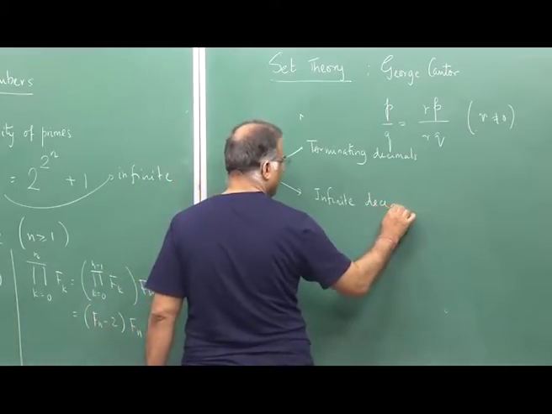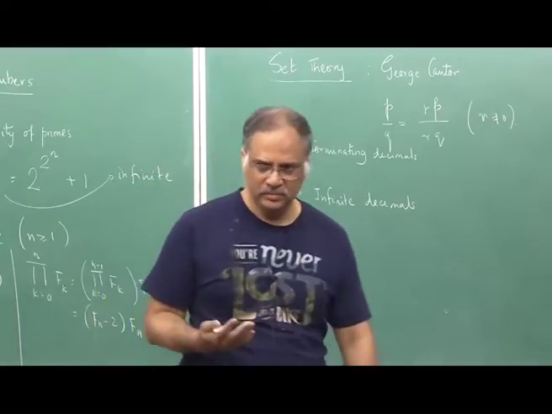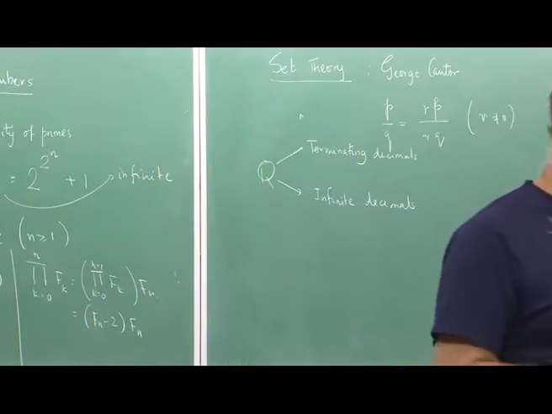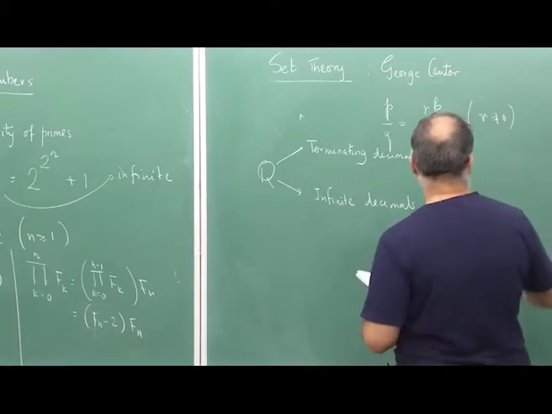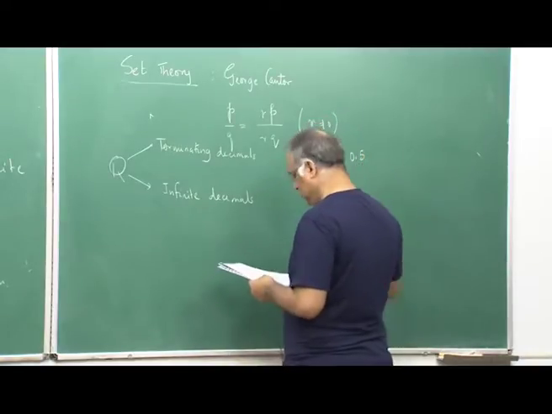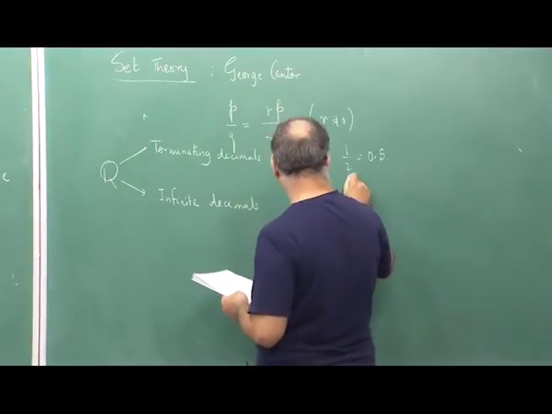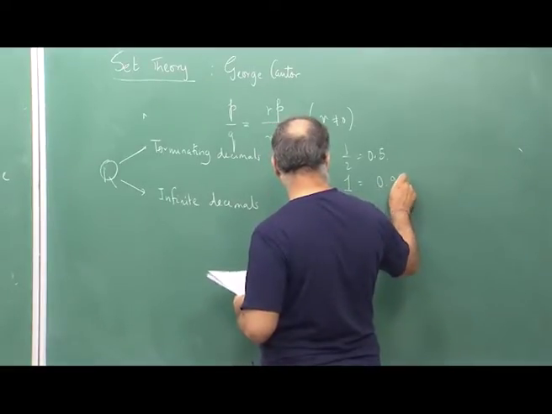So, these decimals arise through the division process. For example, half is 0.5, but luckily the number 1 can be expressed as a non-terminating decimal.